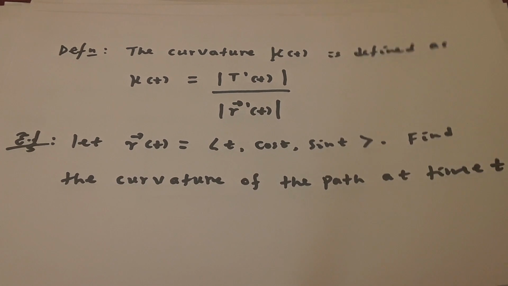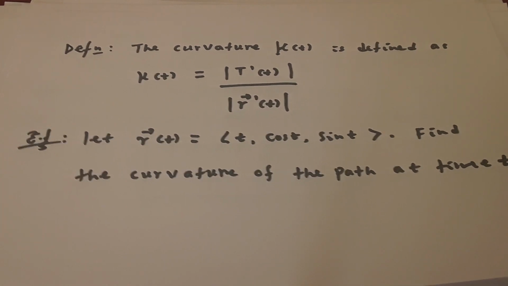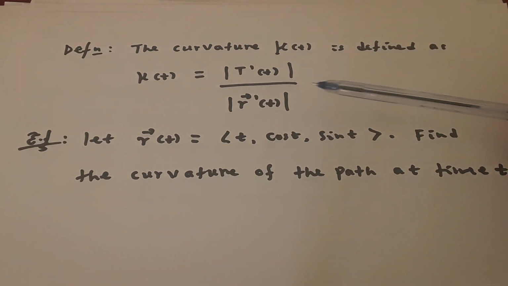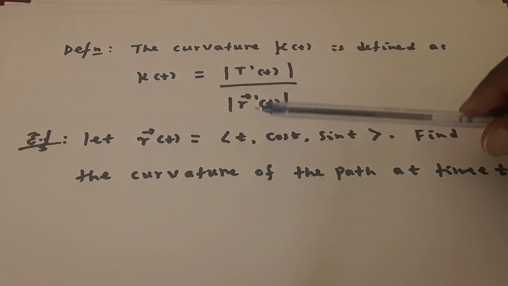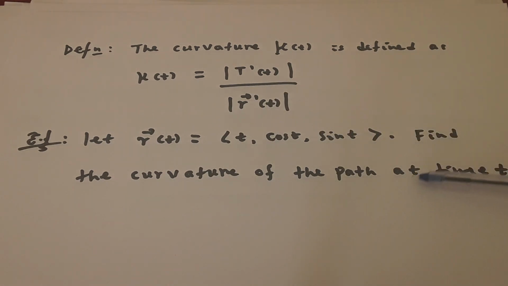Now, the curvature k of t is defined as the magnitude of T prime of t over the magnitude of r prime of t, we mean. Let r of t be here. Find the curvature of the path at time t. That's the fundamental question to be raised. How do we measure curvature? We want to measure the amount a curve changes direction. Since it's a measurement, it will be a scalar value.